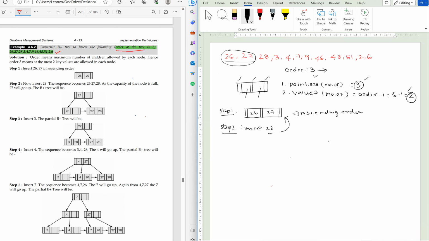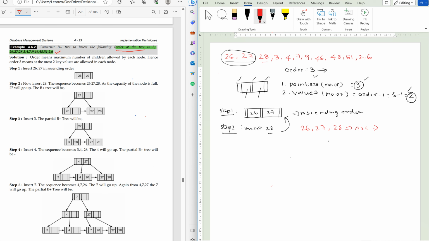What we have to do is take the values inserted in the previous node, that is 26, 27, and the new value to be inserted, 28. Then we arrange them in ascending order and find the median value.